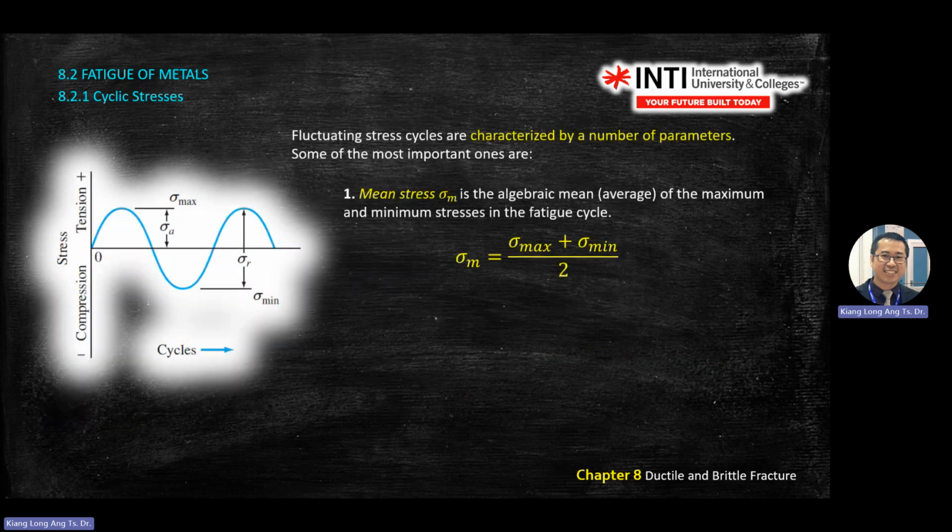If you get a curve with a frequency like this, the mean stress is the maximum plus the minimum, divided by 2. Range is from start to end of one cycle, so the range of stress is the difference between max and min.